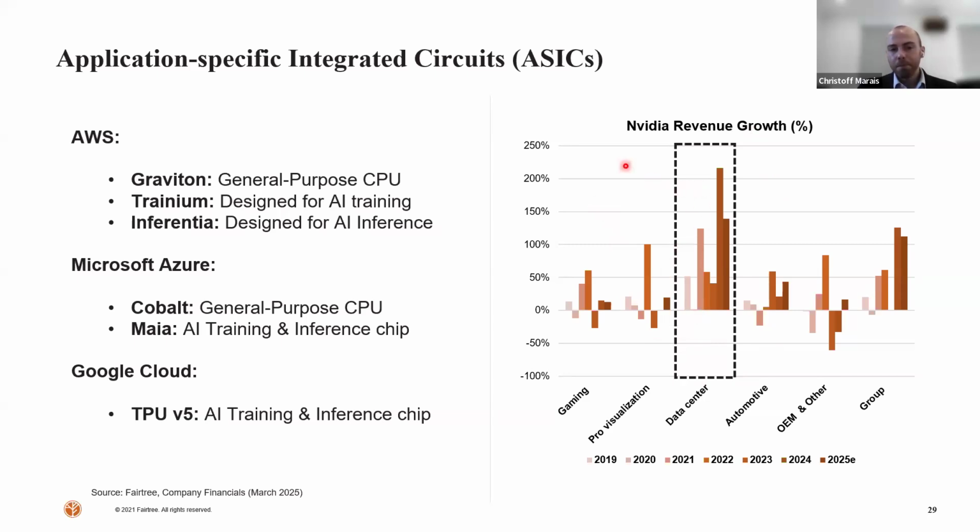To bring that cost down and decrease the dependency, we've seen AWS, Microsoft Azure, and Google Cloud invest in their own chips. AWS has Trainium and Inferentia, application-specific AI chips. Microsoft Azure has invested in Maya, and Google Cloud is probably ahead of the curve, already on its 5th generation of chip, investing a lot in TPUs.